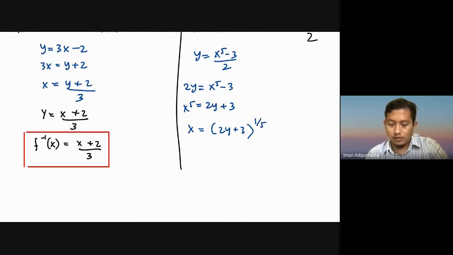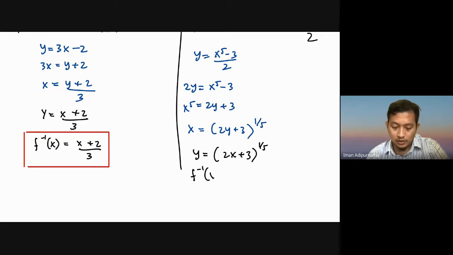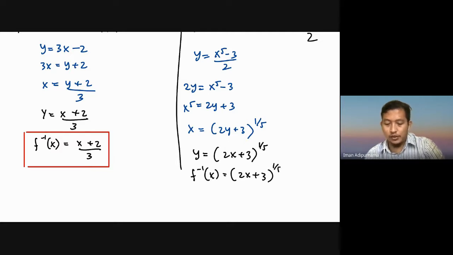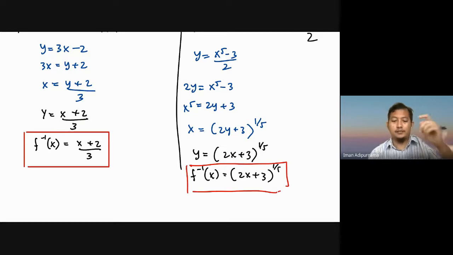And then we can exchange y and x. So it will be y. We can write it as an inverse, or maybe just this. This is also okay. That's our inverse.